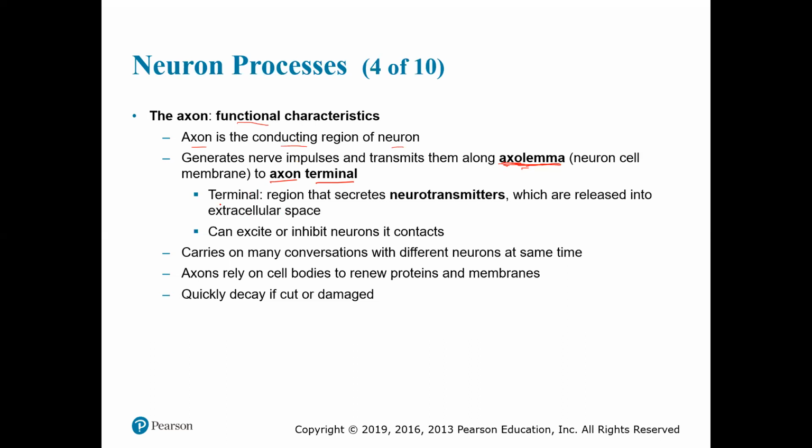Okay, so the axon terminal stores the neurotransmitter in vesicles. Acetylcholine is just an example, but that's the one you should know the best at this point. So the neurotransmitters stored in the vesicles will be released through exocytosis into the extracellular space. Well, let's call it what it is. It's called the synaptic cleft.